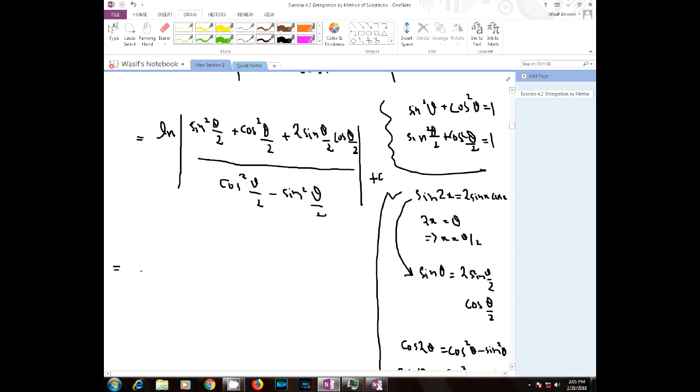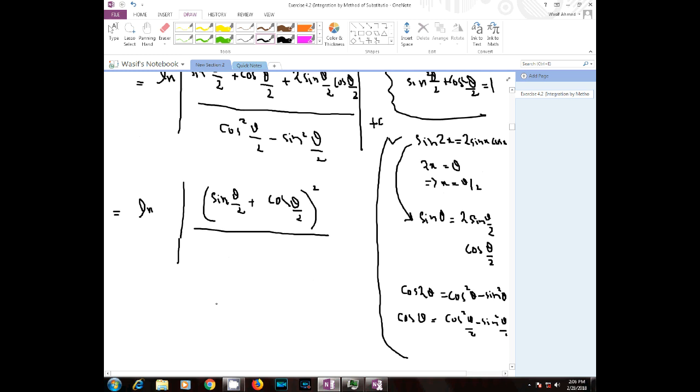Now look at the numerator. Numerator is a square plus b square plus 2ab, that is, it is the whole square of sine theta divided by 2 plus cos theta divided by 2. Similarly, in the denominator, you can apply the formula a square minus b square is equal to a minus b multiplied by a plus b, that is learned in the very junior classes.